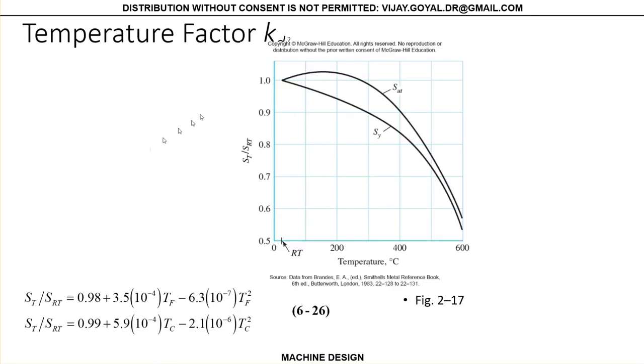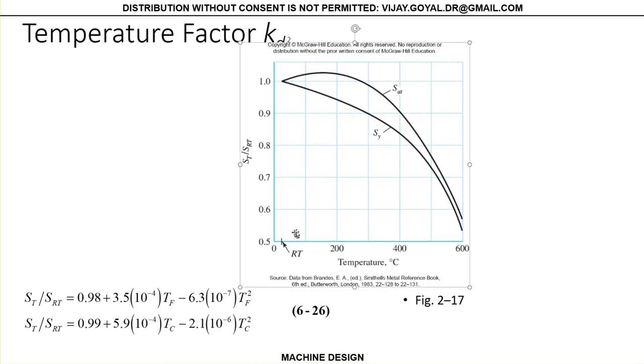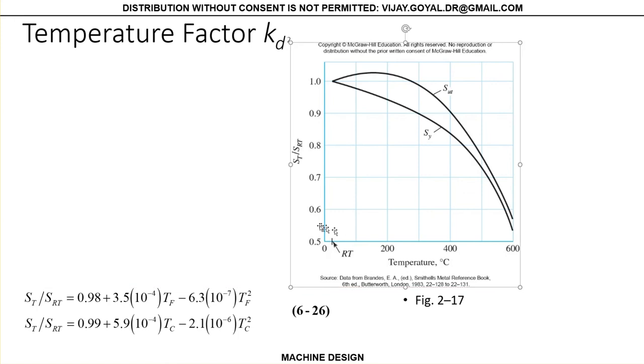Then the next factor is your temperature factor. Your temperature factor is very easy. If you're working in Fahrenheit, you use this equation. If working in Celsius, you use this equation. I know that this can go above 1, but the way I like to do it is I don't want this factor to ever be above 1.